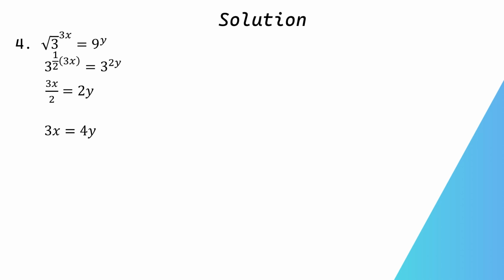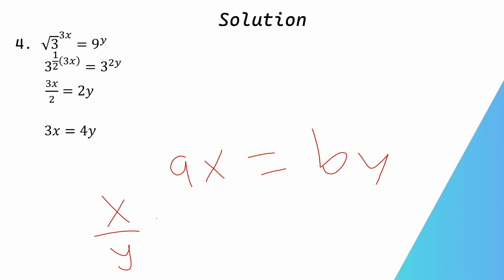How do we find the ratio of x to y? You might be wondering. Okay, so let me show you something here. We have ax equals by. We are told to find the ratio of x to y to be equal to the coefficient of b over the coefficient of a.